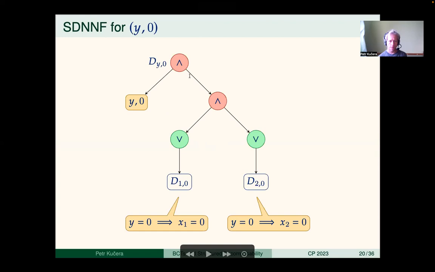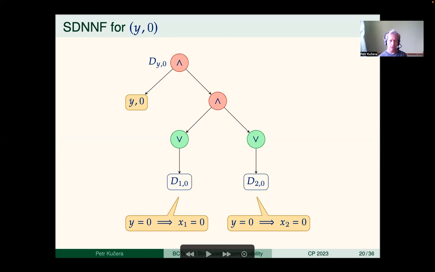And the idea is that if Y is 0, then we put a conjunction at the root where one of the inputs states that Y has to take value 0. So this way we are restricting the values to Y having value 0. On the right-hand side, we have a conjunction where we say that both constraints, C1 and C2, must be satisfied. And for each of these constraints, we have a disjunction, which in this case is trivial.